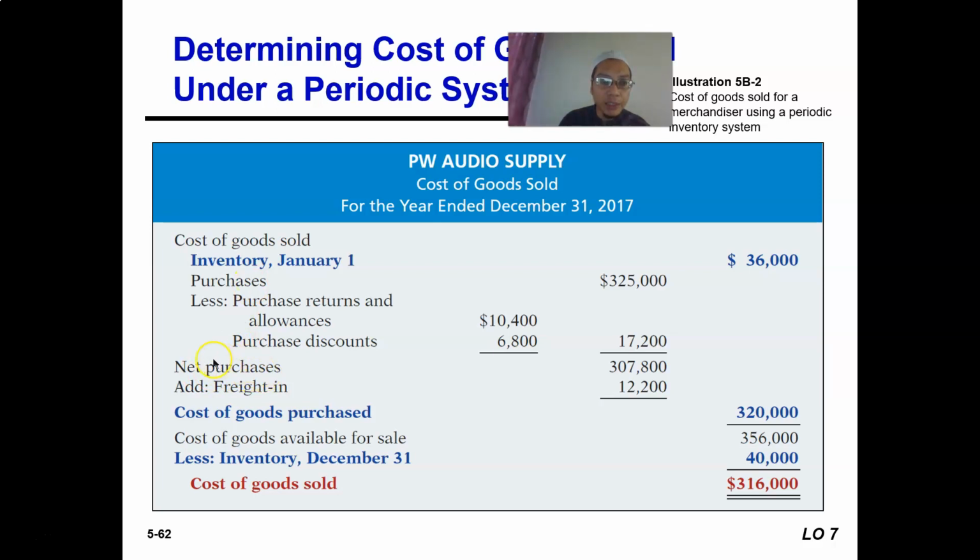The net purchases come from the purchases itself, less the purchase returns and purchase discount. Then we add the freight in. That will become the cost of goods purchased, the cost of all the goods that have been purchased.